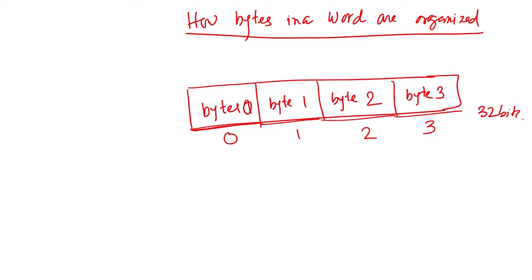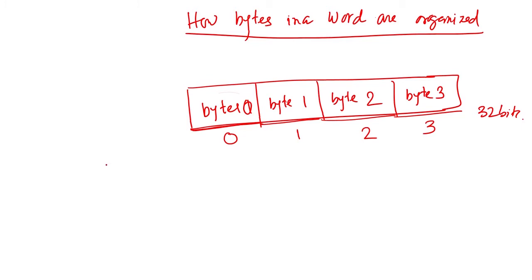Now, within a word you can store byte 0 in the third location. Similarly, you can place byte 3 in the location of 0. So, based on that there are two representations.